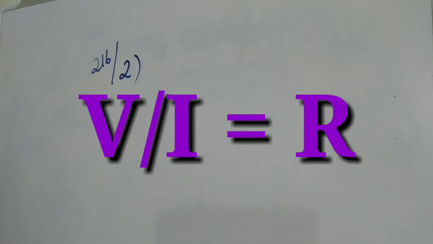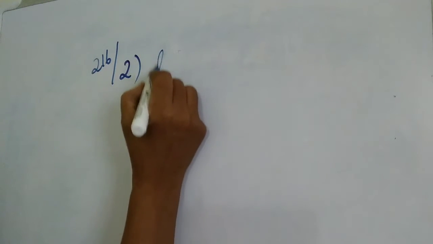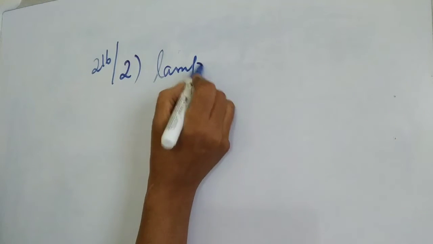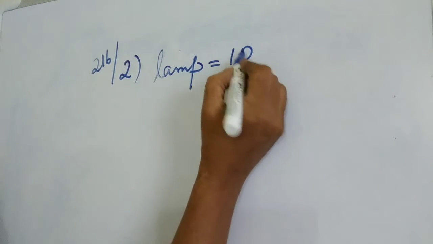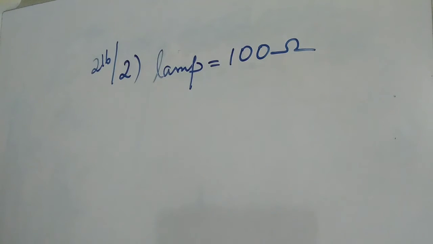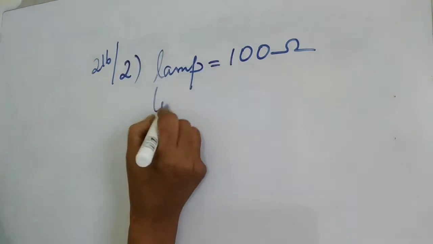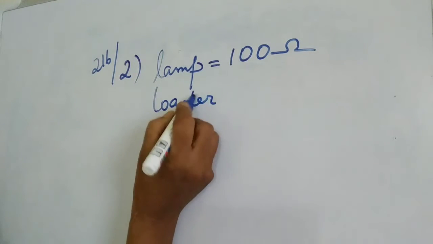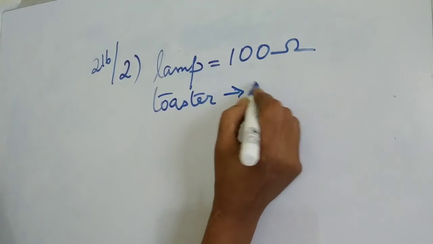That is, a lamp of 100 ohms. Then toaster 50 ohms.